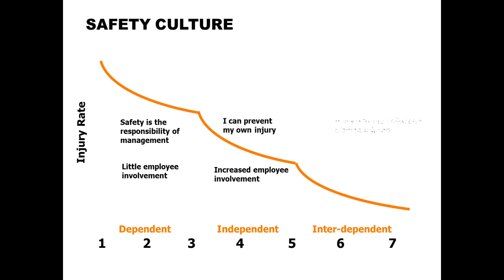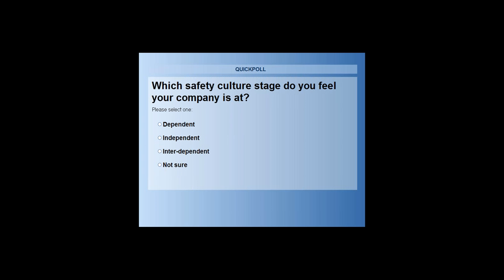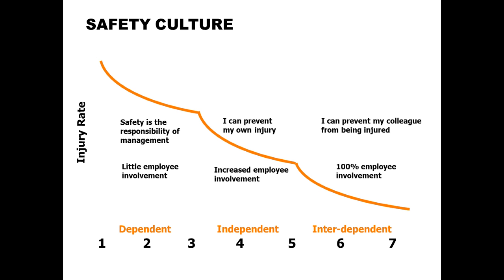Then you get into the independent stage, as you progress your safety program into those systems: I can prevent my own injury, and you start to see increased employee involvement, whether through the Joint Health and Safety Committee or any other committees inside your company. At the end there is the interdependent stage, which I think all of us hope we are at or working towards. In an interdependent safety culture, I can prevent not only my own injury, I can prevent my colleague from being injured, and you have 100% employee involvement in your health and safety program inside of your organization.